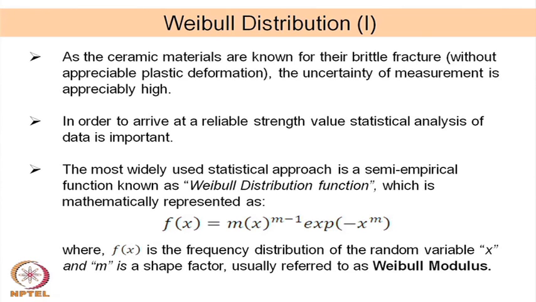This function is mathematically represented as f(x) = m x^(m-1) exp(-x^m), where f(x) is a frequency distribution of random variable x and m is a shape factor, usually referred to as the Weibull modulus.